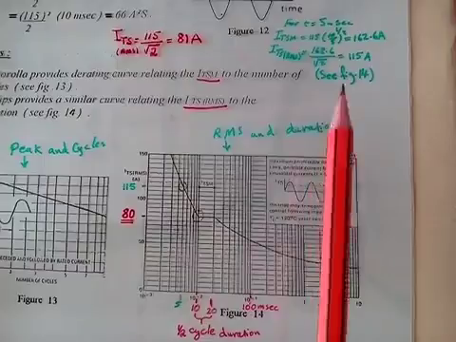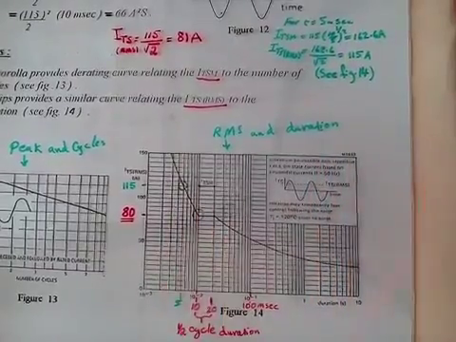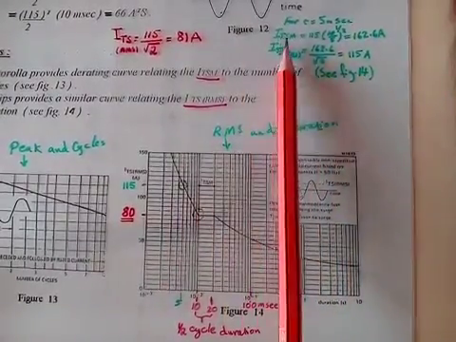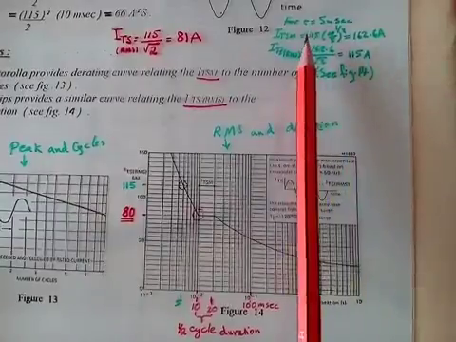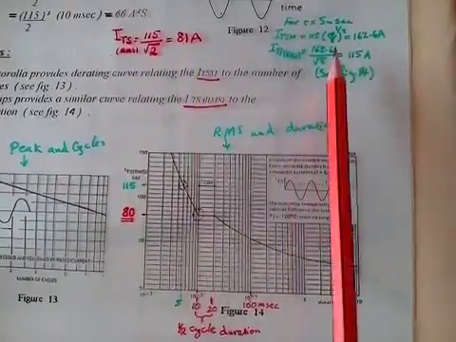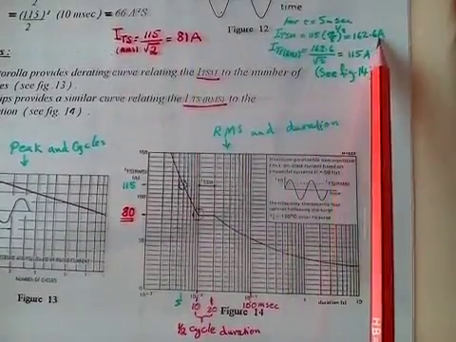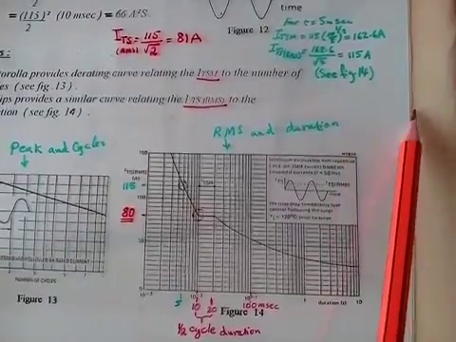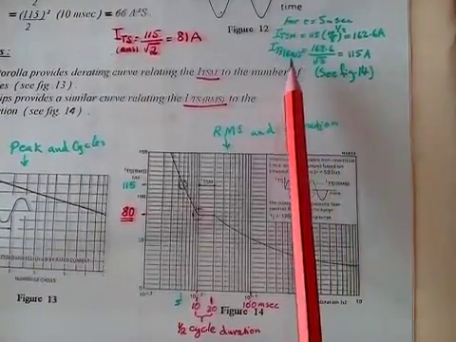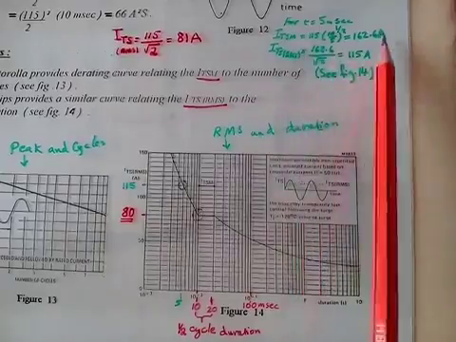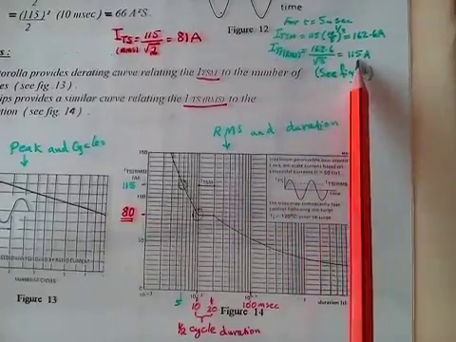For example, if it's 5 milliseconds in here, you are able to raise that surge current from 115 up there to 162 amps. Okay, and that's how you get your RMS out of it.